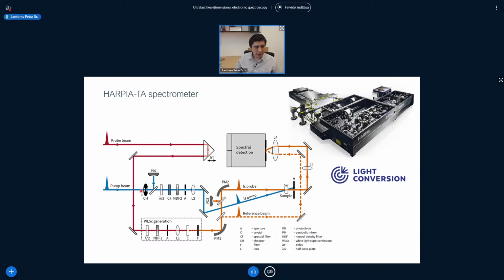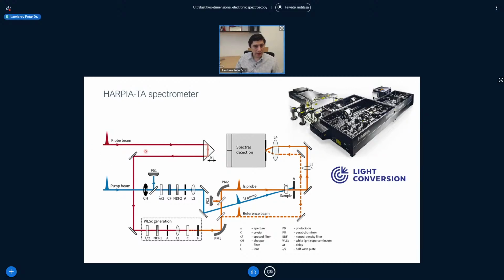And the other thing you need to do is to modulate the pump with an optical chopper or something. That means to switch it on and off, because you have to take two measurements and take the differential absorption with and without the pump. And all you need to do then is to focus it on the sample.